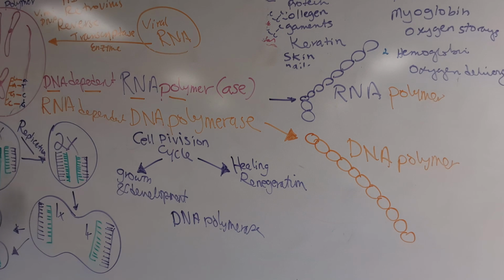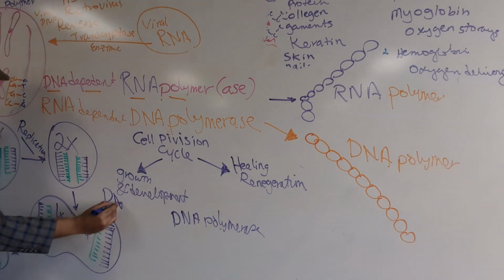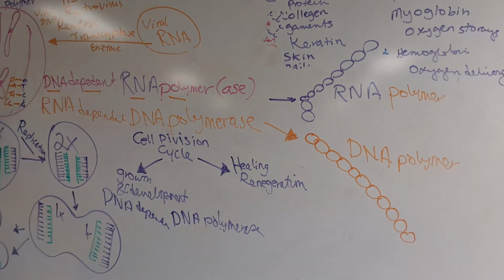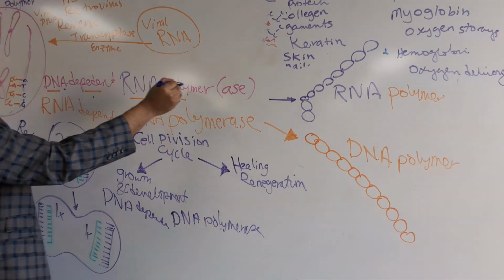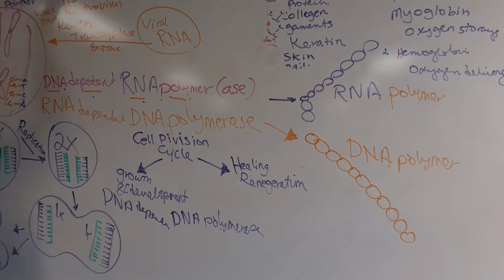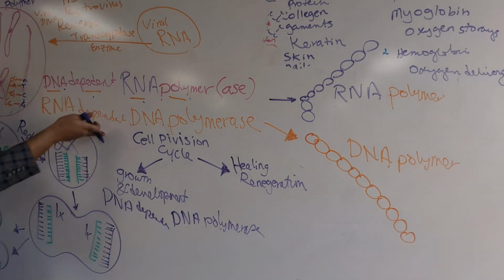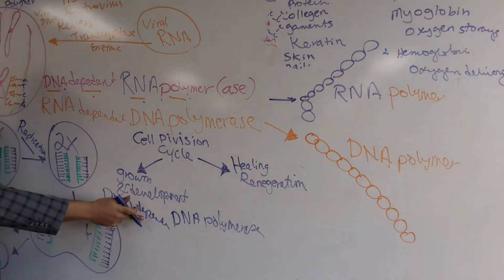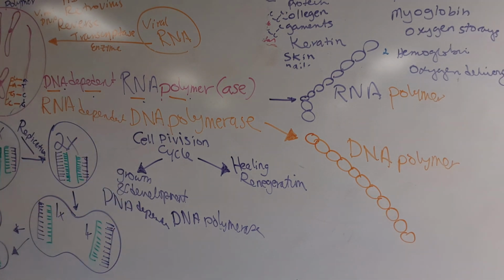DNA. So that's DNA dependent DNA polymerase. So you have to know the three. The DNA dependent RNA polymerase when we're going in this direction. And the virus has an RNA dependent DNA polymerase. And for replication, to divide the cell, we're going to need a DNA dependent DNA polymerase.